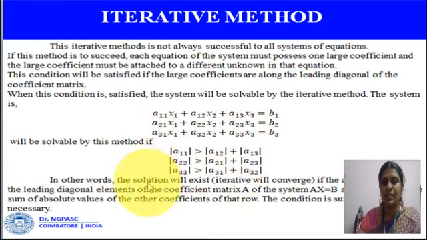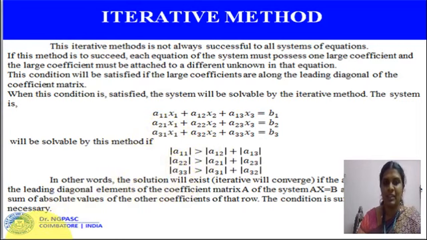The method is solvable only if the modulus value of the leading diagonal is greater than the sum of the other two modulus values in that equation. So in the first equation the leading diagonal value is a11, so its modulus value must be greater than the sum of the other two, a12 plus a13. Likewise, you have to check all three conditions.